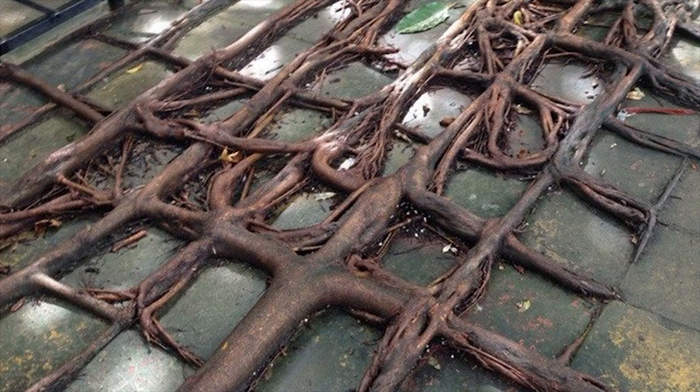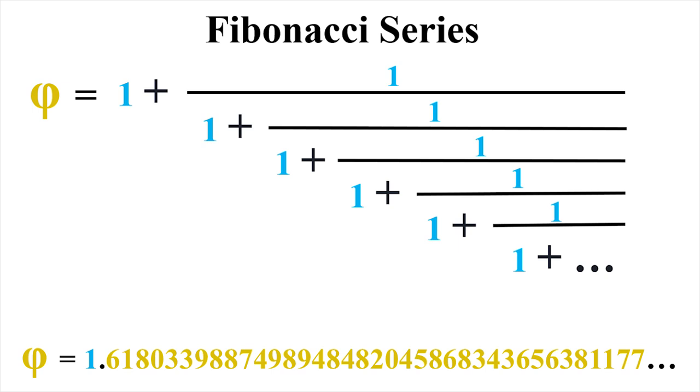Okay? Or you can obtain this number by doing 1 plus 1 over 1 plus 1 over 1 plus 1 over 1 plus 1 and on to infinity. How you would begin to solve that, I don't know. I was a math major, I don't remember. But anyway, there it is.